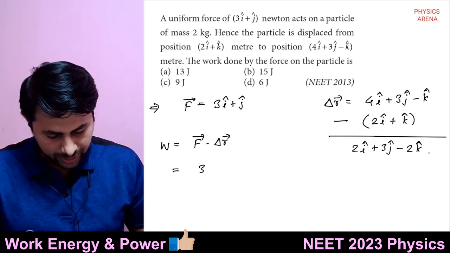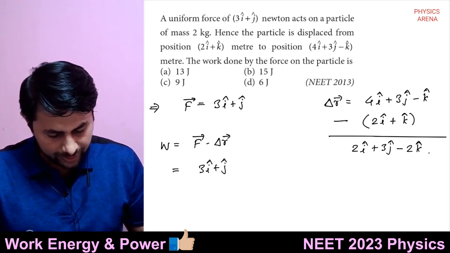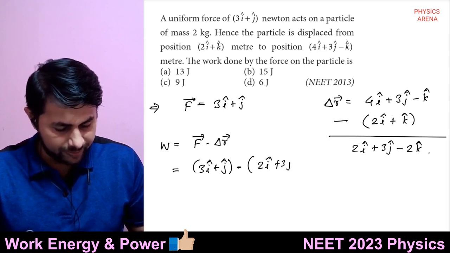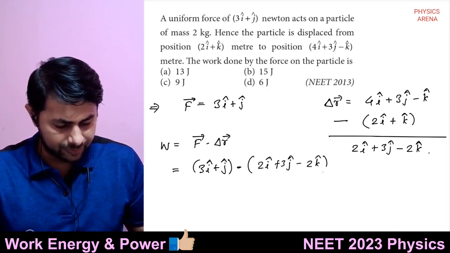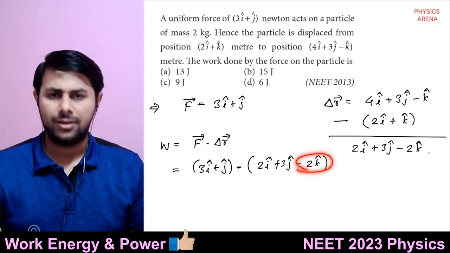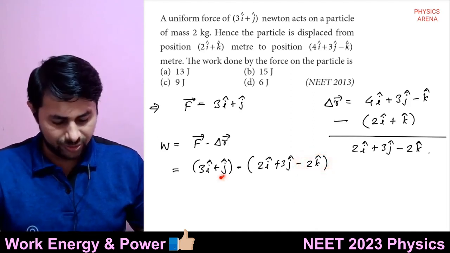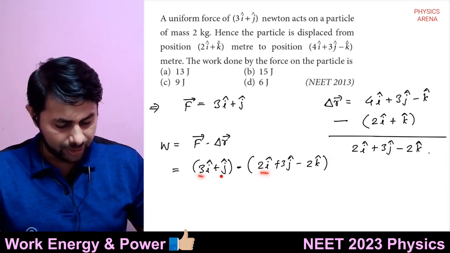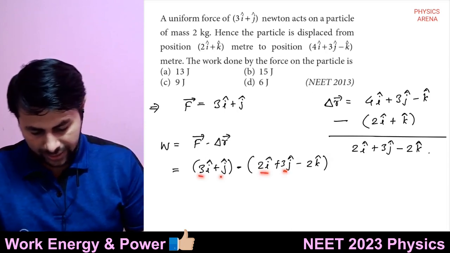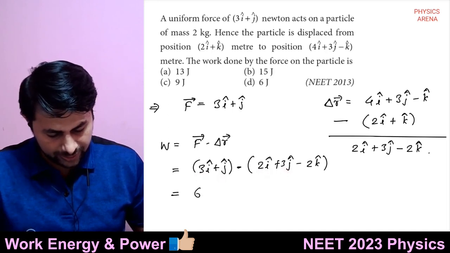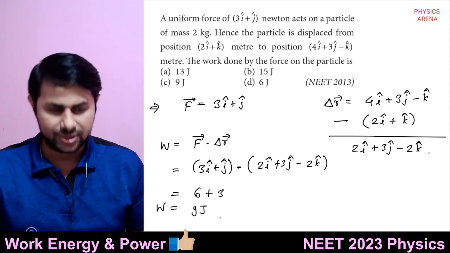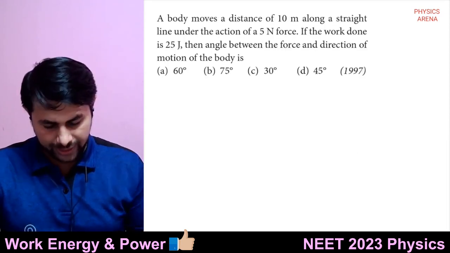So it is 3i plus j, its dot product with 2i plus 3j minus 2k. No need to multiply the z component because there is no z component in force. So it is 3 times 2 plus 1 times 3. 3 times 2 is 6, 6 plus 1 times 3 is 3, so 9 joule is the answer if my calculations are correct. All right, next question.